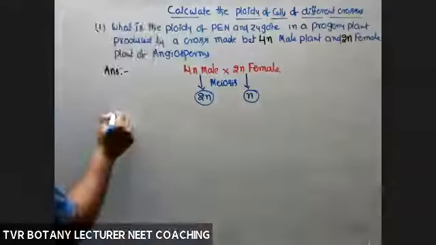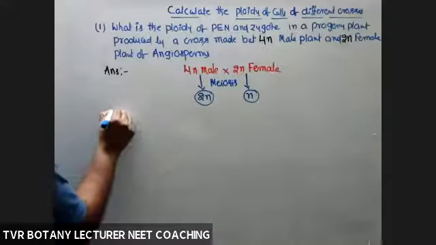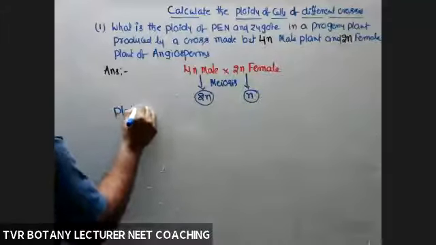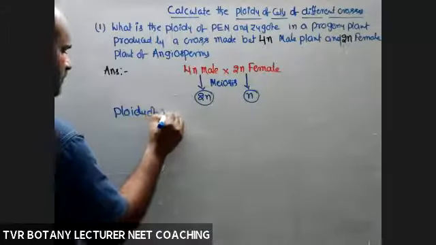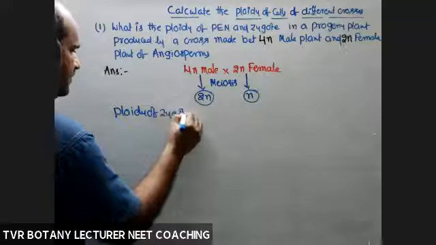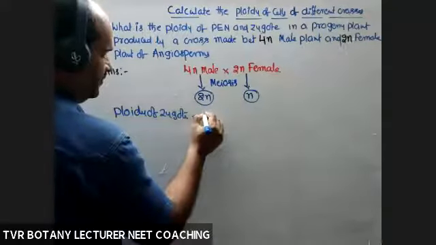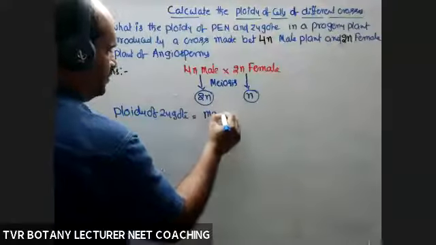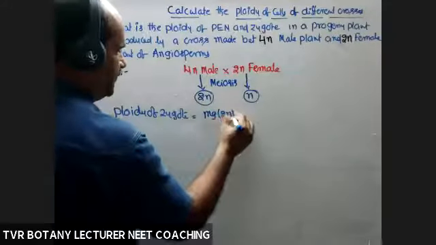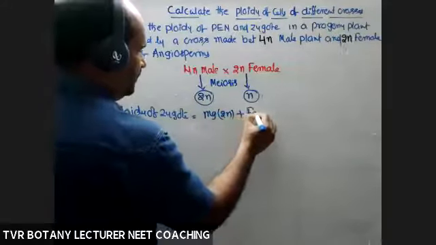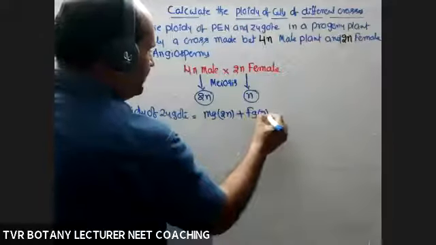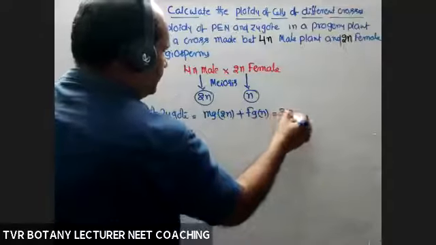Now, what about a zygote? Ploidy of zygote is one male gamete, ploidy 2N, plus female gamete, ploidy haploid, 3N.